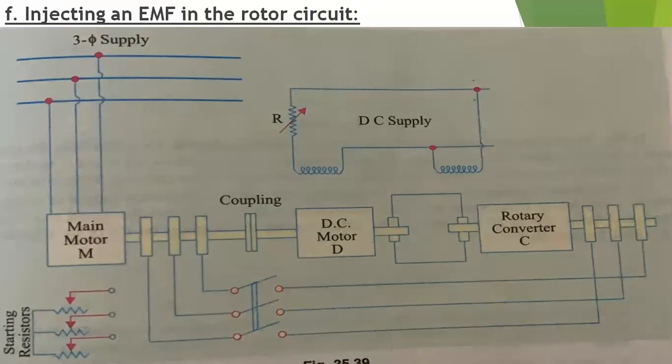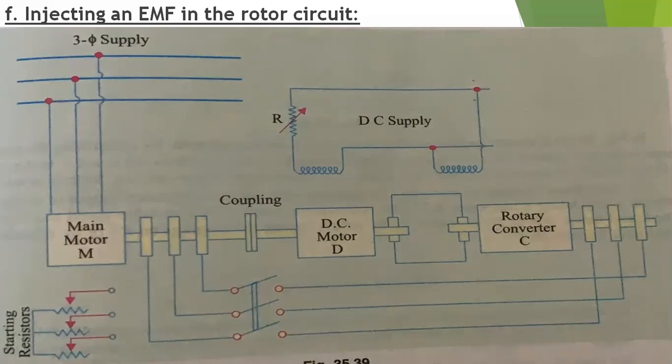Okay, so when we insert a voltage, it will be of two types, in phase and in phase opposition. We will see what happens in each case. Suppose I inject a voltage which is in phase opposition to the rotor EMF; it amounts to increasing the rotor resistance.